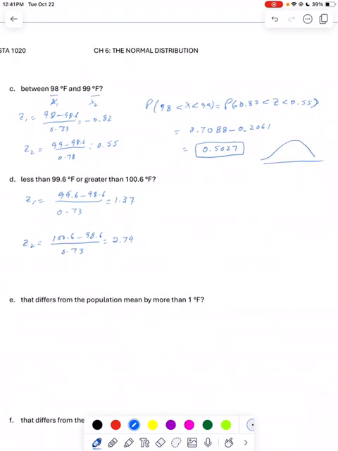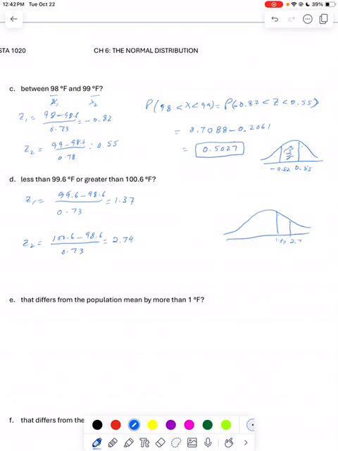So now, I didn't do the table here. Here we had negative 0.82, and they will be very close to 0.55, so we were looking at the in between. Now we have 1.37, let's say it's here, and then somewhere here is 2.74.